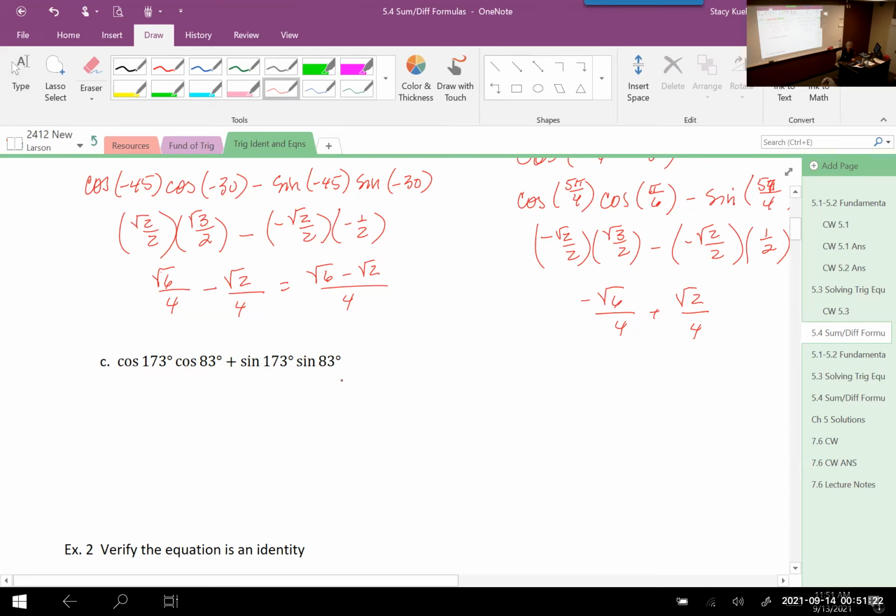So I have the pattern for the difference identity for cosine, don't I? So this would be the cosine of 173 minus 83, which is the cosine of 90. And I do know the exact value for the cosine of 90, that's 0. So that's an application of the difference identity for cosine.